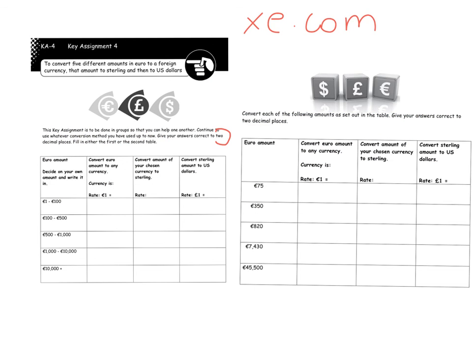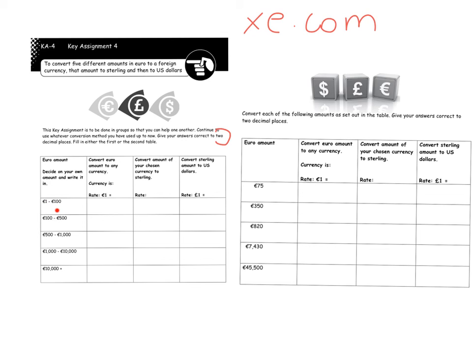Okay, and the last one, the key assignment, try to do it on your own. It's not really complicated. If you go to the website and practice, you have no problems with filling that in. So basically you need to choose just one of the tables and fill it in. What's the difference between these two tables? In the second table, you have the amount of money, and in the first one you need to decide on your own the amount of money you need to convert.